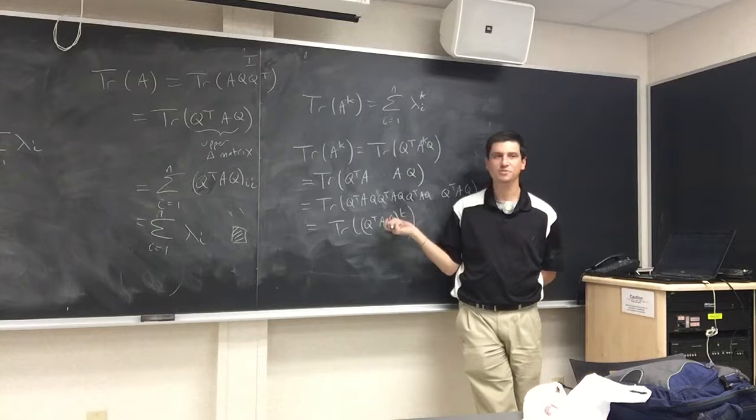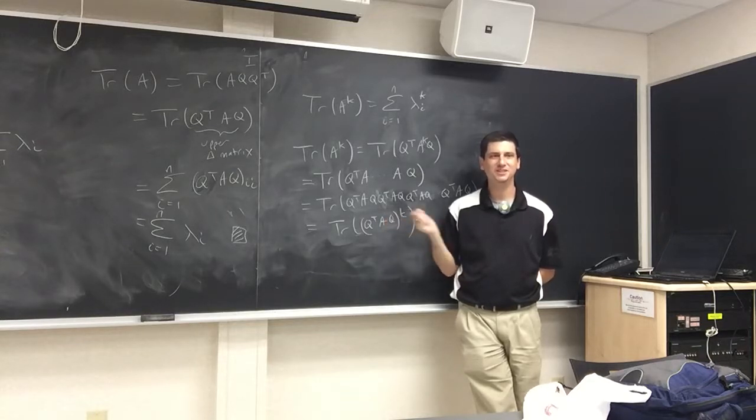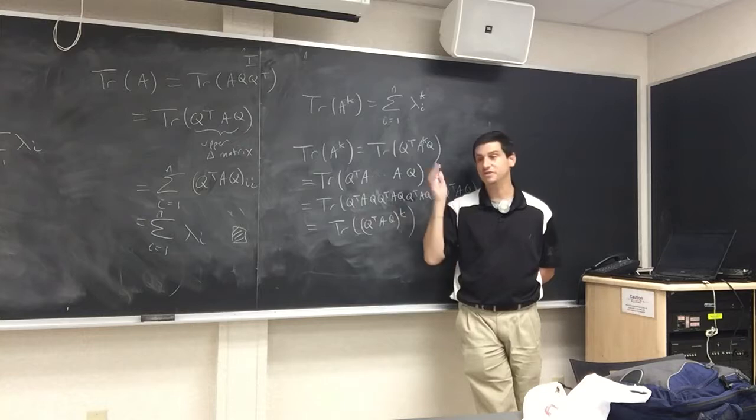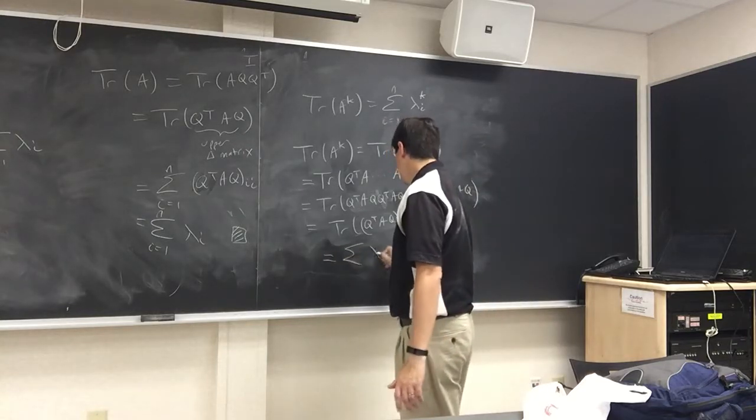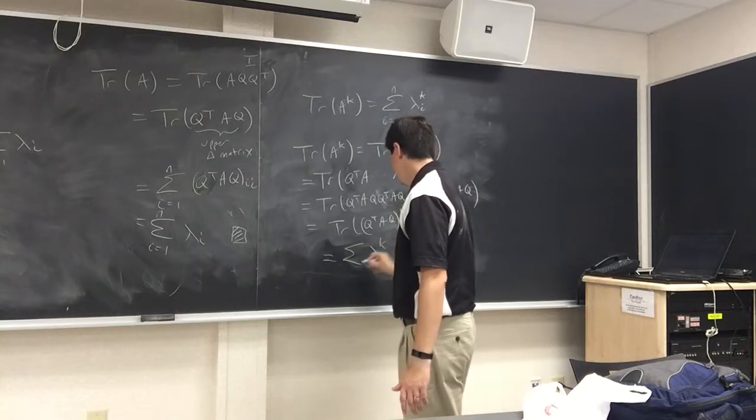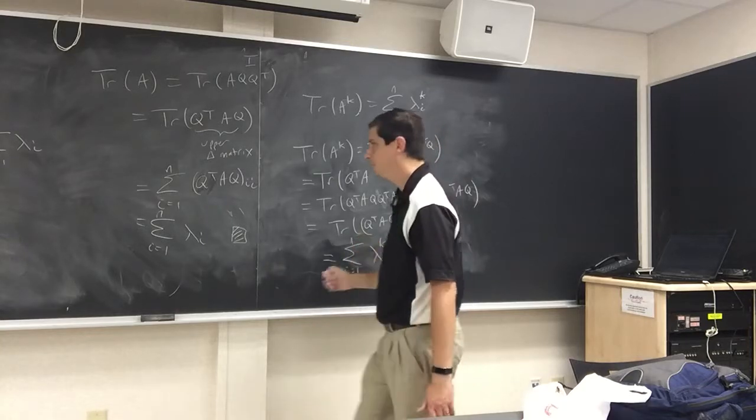But this is an upper triangular matrix. So when you raise it to the kth power, it's still an upper triangular matrix. And the diagonals are just what you had before to the kth power. The other stuff is gobbledygook. But this is then just going to be the sum of lambda i to the k, i goes from 1 to n.